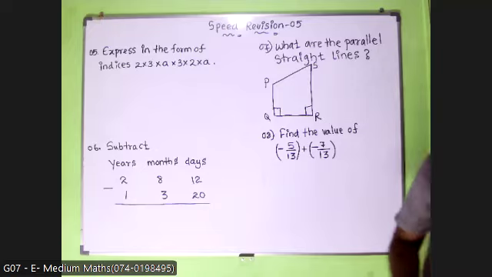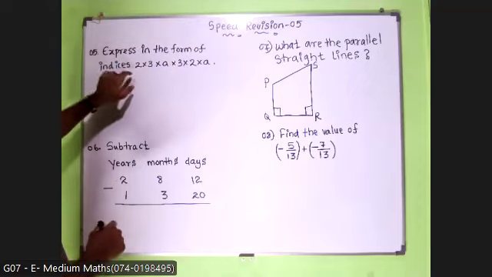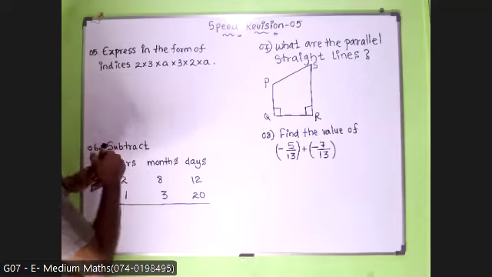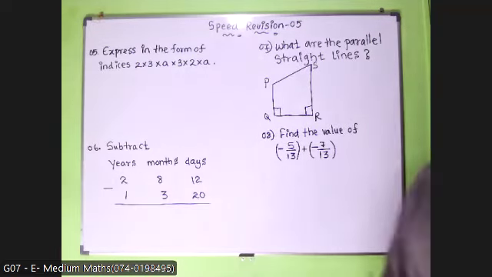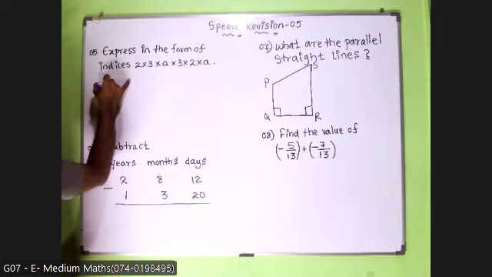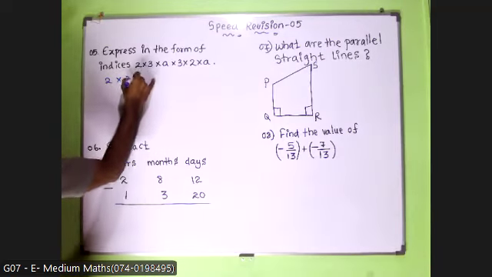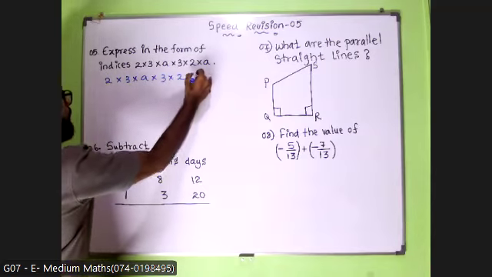Right. I will discuss. Express in the form of integers. So you have to use the knowledge of integers in order to do this. So I will write this same thing again. 2 times 3 multiplied by a multiplied by 3 multiplied by 2 multiplied by a.